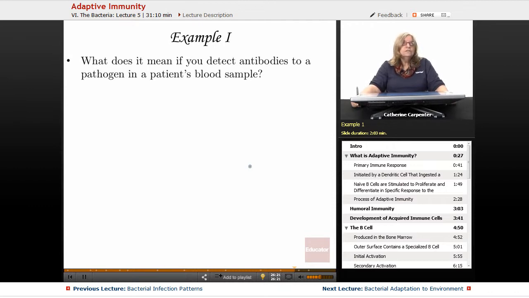So if, for instance, especially with hepatitis B, we can take an antibody titer and we can see, are the levels of antibodies sufficiently high for a second infection to be prevented. And if not, then we can give the patient a hepatitis B vaccine booster. Okay, and with a lot of other diseases, we can do that as well.